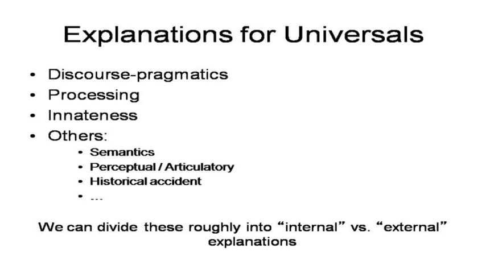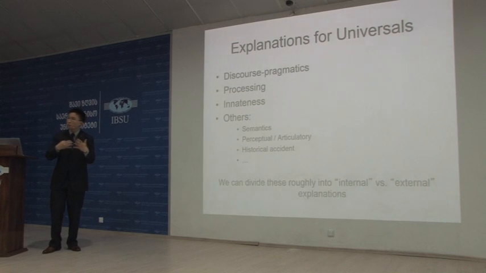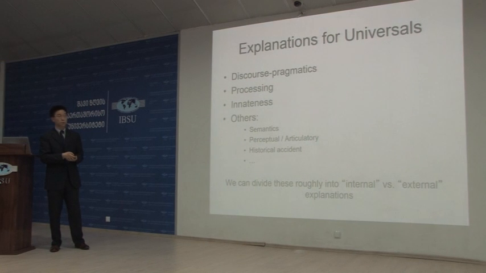Generally speaking, we can talk about internal explanations, such as innateness, versus external explanations. And I'm talking about external to linguistics. So within linguistics, can you explain this universal, as opposed to having to go outside of linguistics to psychology, or some kind of social explanation, for a language universal.